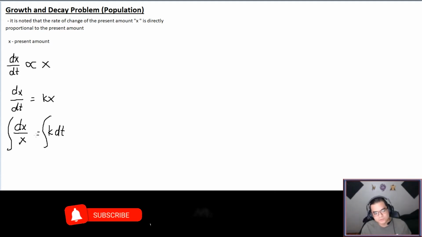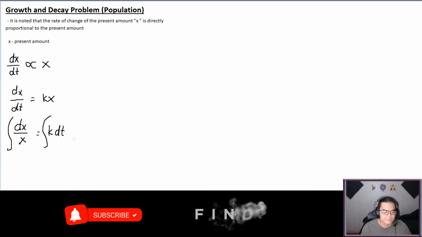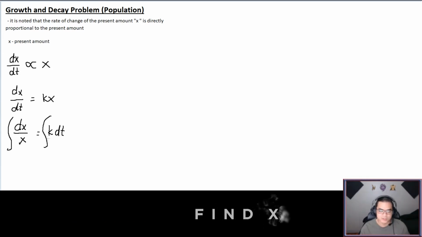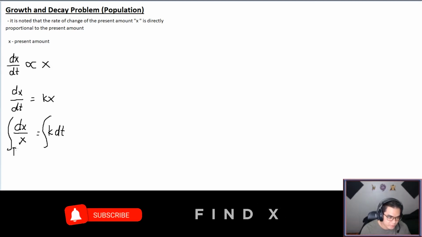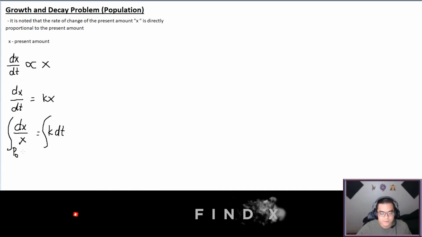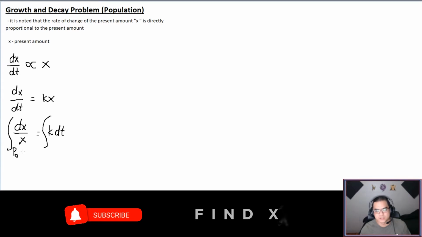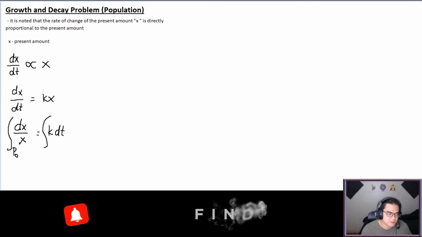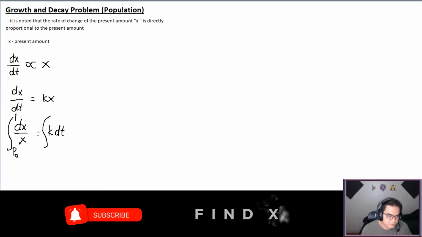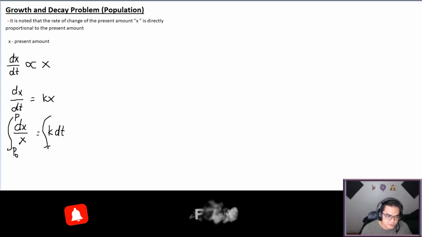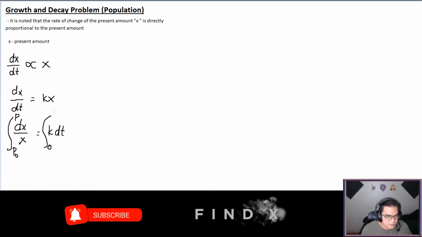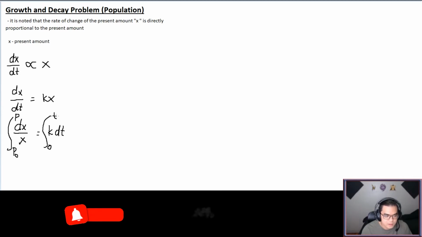Therefore, this dx over x equals k dt must have limits. The limits will be P0, the original or initial amount, to the final amount, which we use the symbol P, from the present time, which is 0, to any time, which is t.